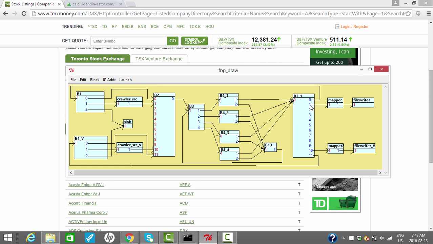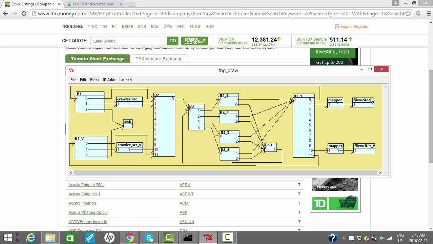Comes out of output 1 because the data is coming from the input 1, output 1. And here the mapper is just to rename some of the data coming out will be in the key value format, right? So I decided to change the key names a little bit, so that's what this mapper does. But otherwise, don't worry about this block.